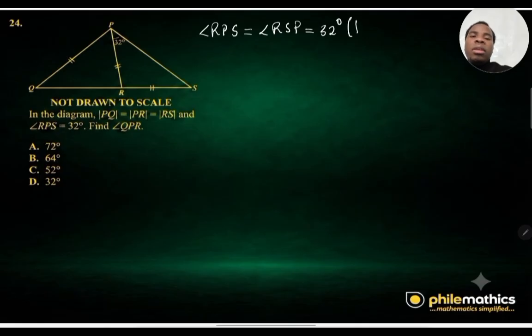Reason is simply base angle of an isosceles triangle.